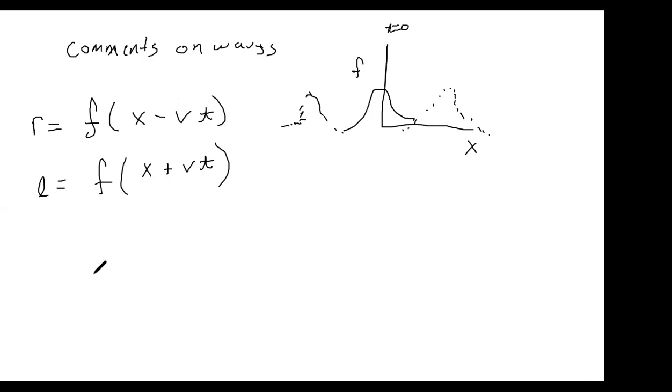On the other hand, we have that the waves can be written as, I don't know if I did cosine or sine, but cosine of some number k times, well, we usually write it like this, kx plus or minus omega t.